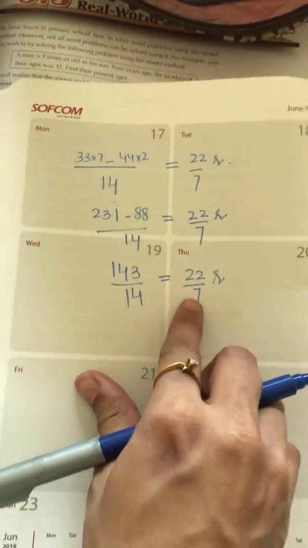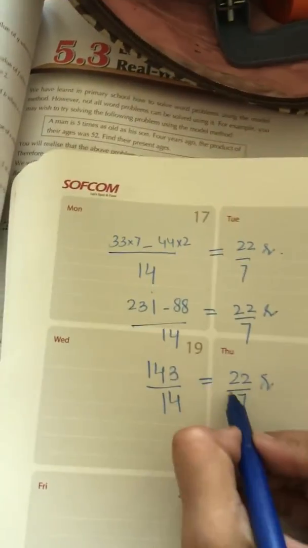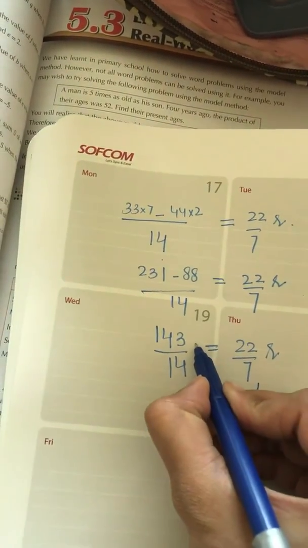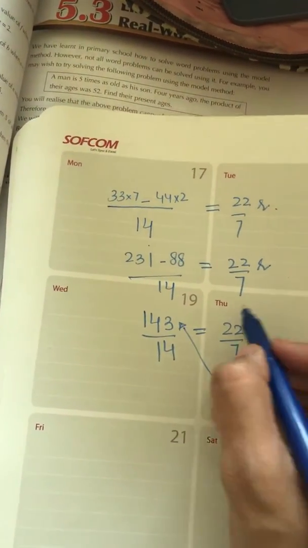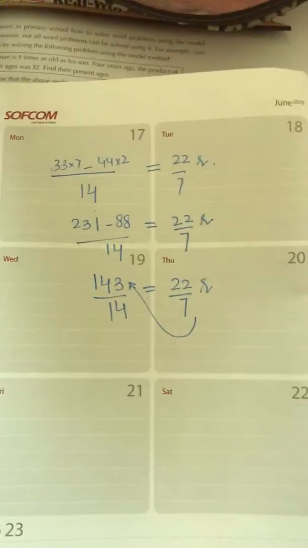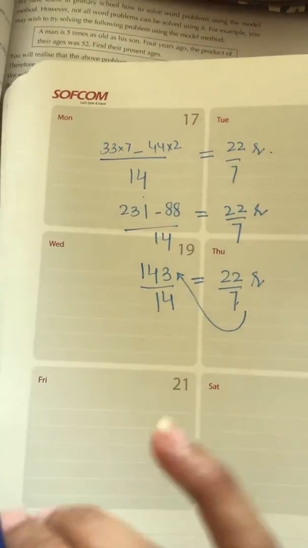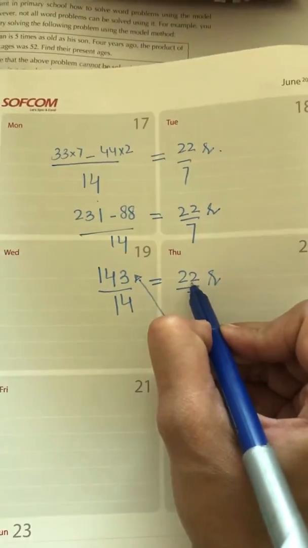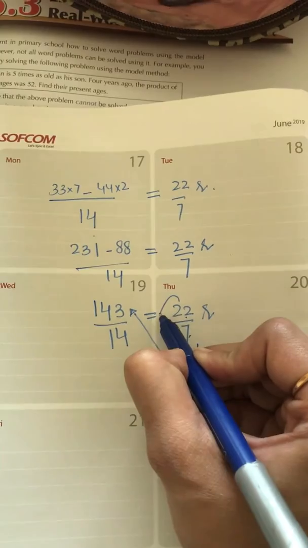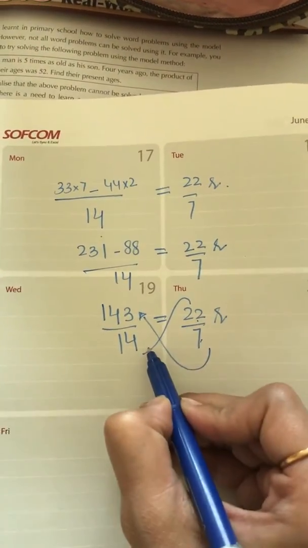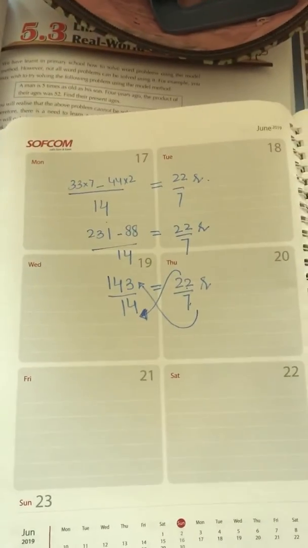Now class, as this 7 is dividing on one side, when it goes to the other side of the equals sign, it will multiply. Yes, the 7. In other words, we can say the 7 is in the denominator on one side; on the other side, it will be in the numerator. And this 22 is the numerator; on the other side, it will be in the denominator. Why are we doing this?